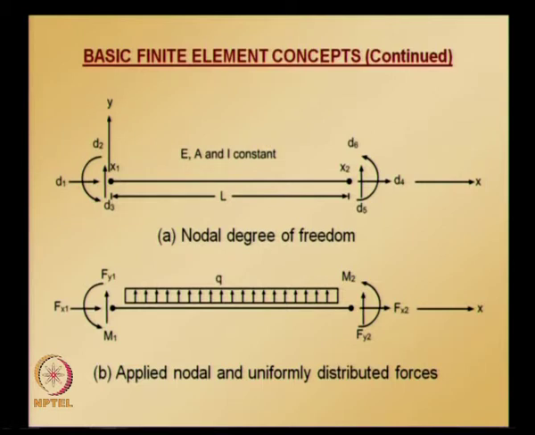So, D1 and D4 are the degrees of freedom corresponding to axial deformation. We can write the element equations for these degrees of freedom using the axial deformation element equations that we learnt. D2, D3, D5, D6 are the degrees of freedom corresponding to bending, so we can use the element equation system for beam bending and write the element equations for these degrees of freedom.